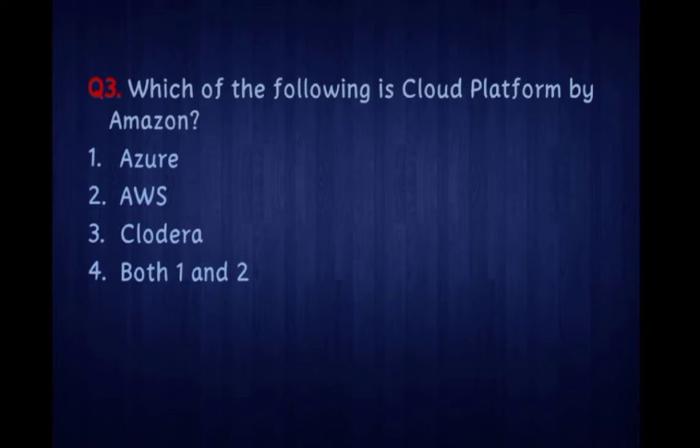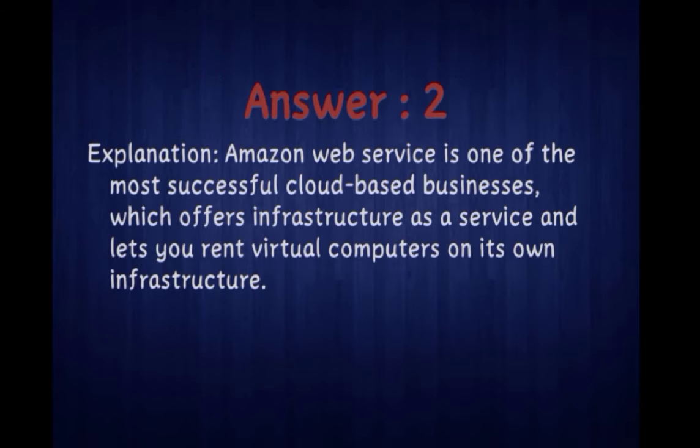Next question is, which of the following is cloud platform by Amazon? First is Azure, AWS, Cloudera, or both 1 and 2. As its name implies, we have discussed this so many times that the cloud platform provided by Amazon is AWS. AWS stands for Amazon Web Services.